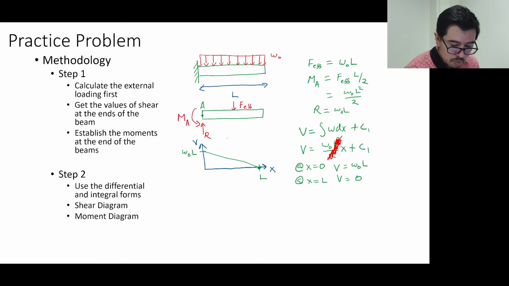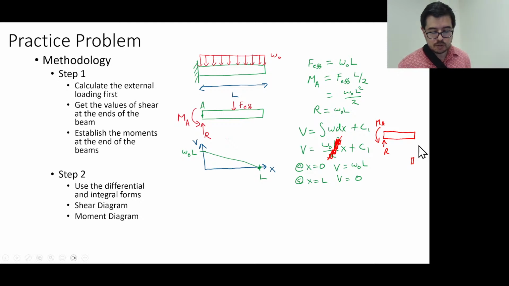So we have this beam, and we have R and we have MA. Let's do the right side first. If I take an element just on the right side, it has no external force acting on it. It's a free end.